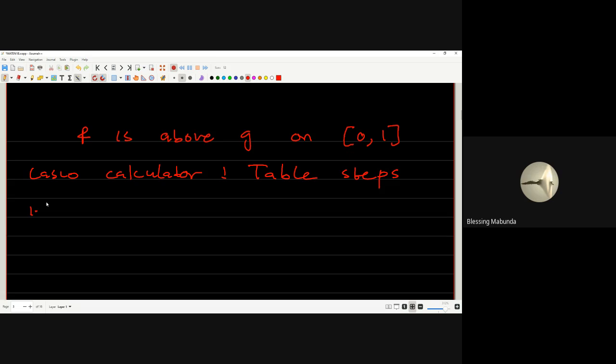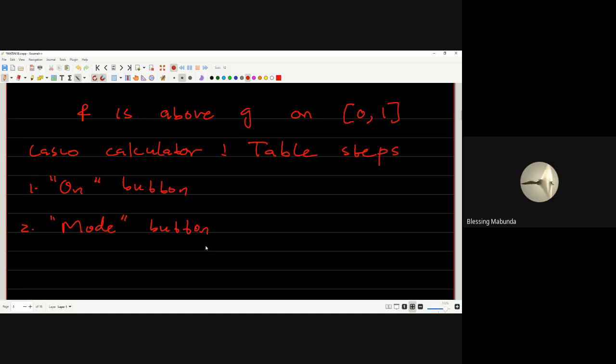So step 1, you press the on button. And then the second step, you press the mode button. My calculator is 991 ES class.